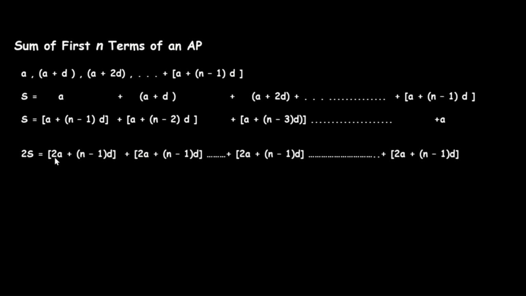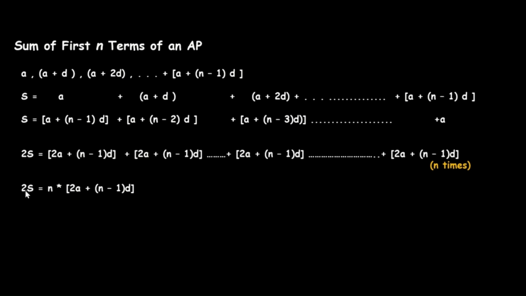As we can see, it is the same term repeating: 2a plus (n minus 1)d, plus 2a plus (n minus 1)d, and so on, and it is repeating n times. So if you add the same number n times, we get 2S as n into (2a plus (n minus 1)d), because this term is repeating n times.